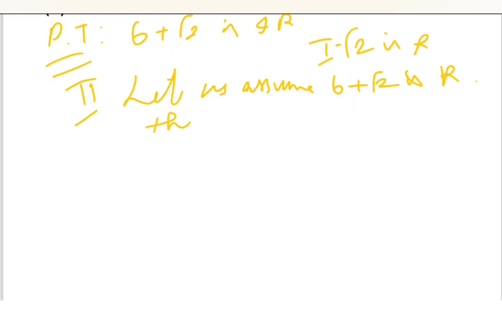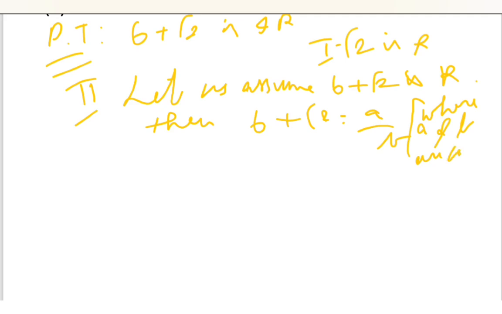Then 6 plus root 2 is equal to a by b, where a and b are coprime. So we have taken this.